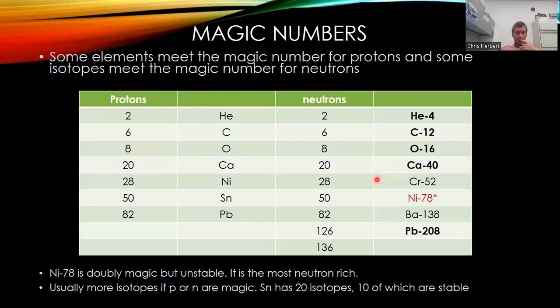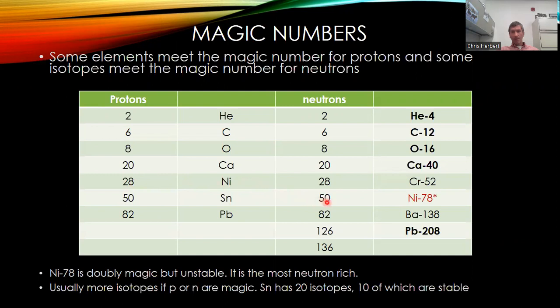Now, here's something that's interesting. Nickel 78 is radioactive. So you're like, well, why are you bringing this up? It's doubly magic, but it can't hold itself together. It's extreme in terms of it's stable enough to have a reasonable half-life. Again, 28 protons for nickel.